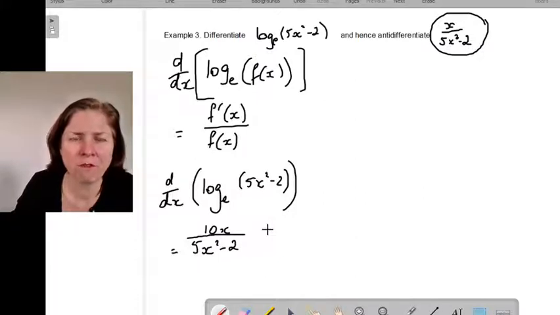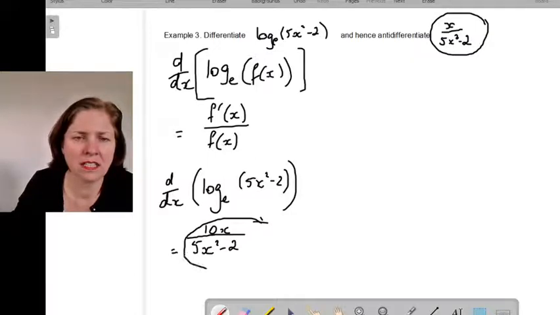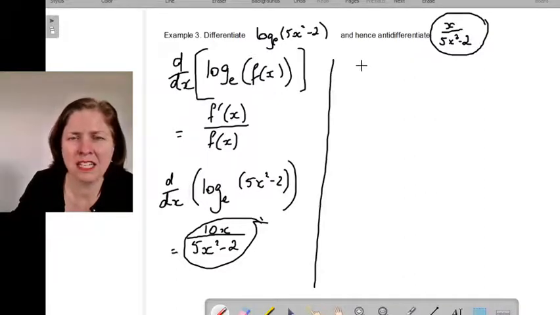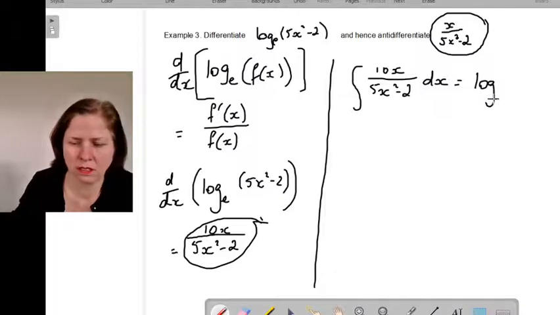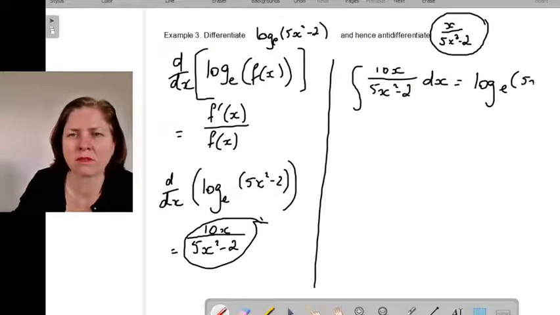If the derivative of log base e of 5x squared minus 2 is equal to this function down here, 10x over 5x squared minus 2, then that must mean that the antiderivative of that, 10x over 5x squared minus 2 dx, is going to be what I started with, log base e of 5x squared minus 2, plus c. Gonna run out of room. Don't forget your plus c's.